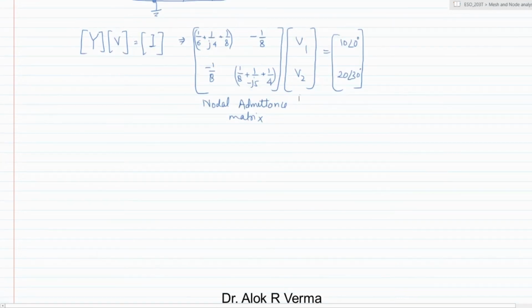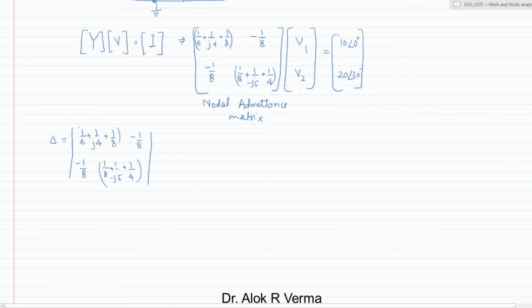So in this circuit, if you want to solve, you can clearly write down del as the determinant of the following quantity, then 1 by 8 plus 1 by negative j5 plus 1 by 4.